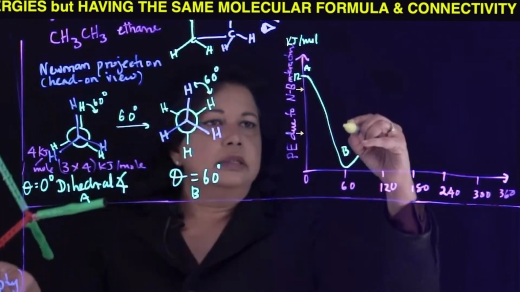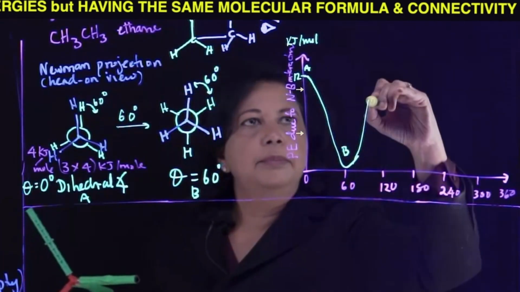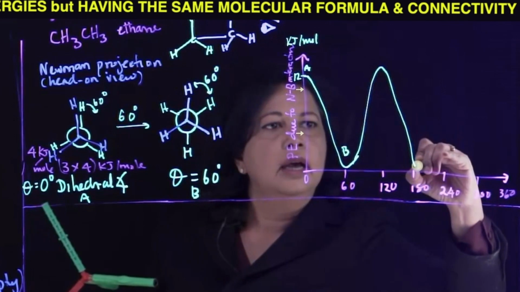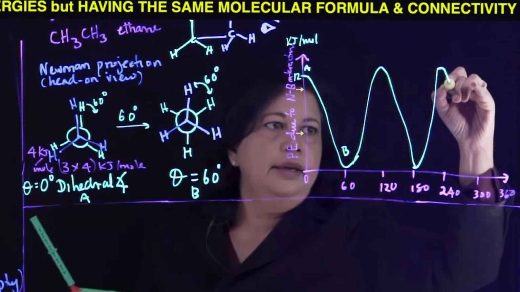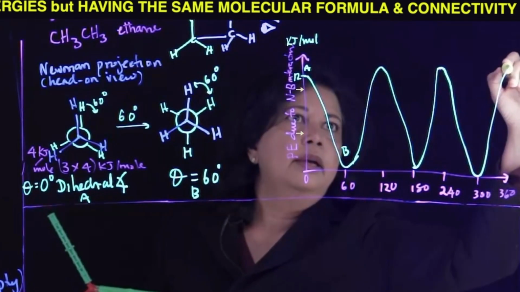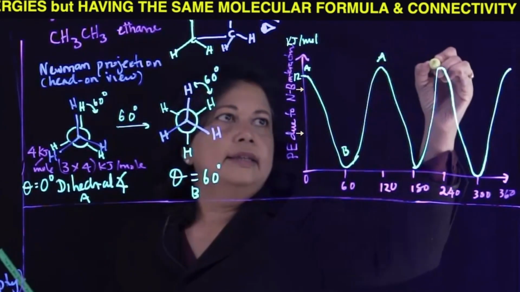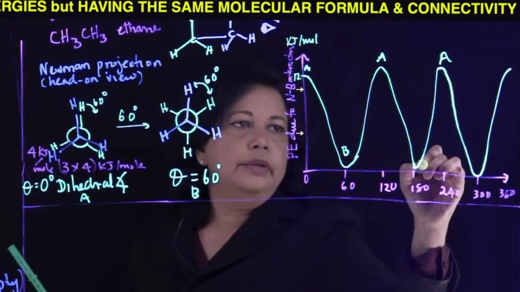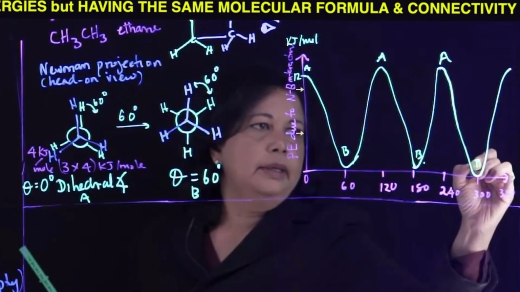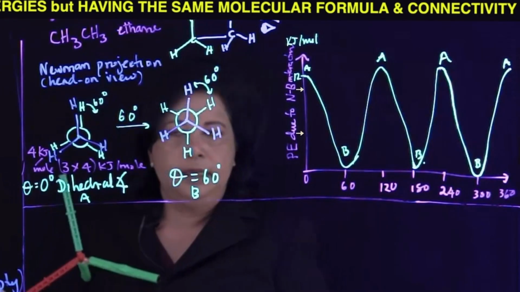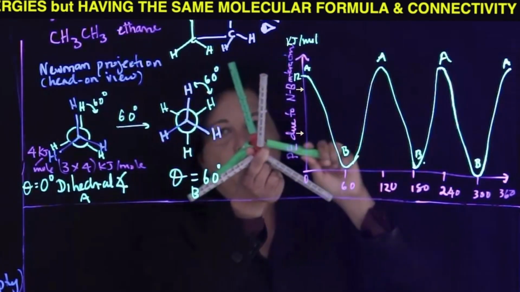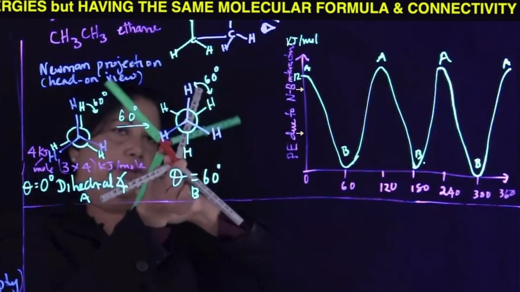Those are the only two possibilities for that. So it'll go up and down, and up and down, and up. It's just a wave. So you would see that these are going to be a very periodic and repetitive pattern for a molecule like this that's just CH bond ethane.